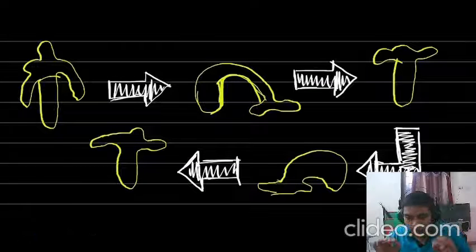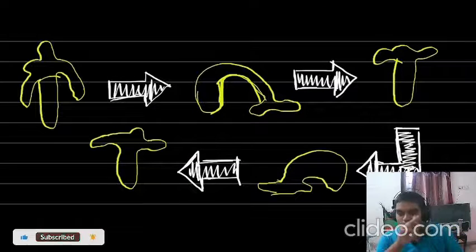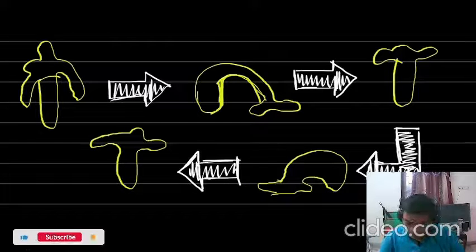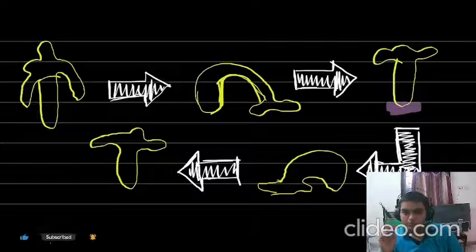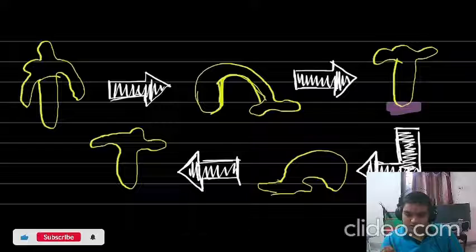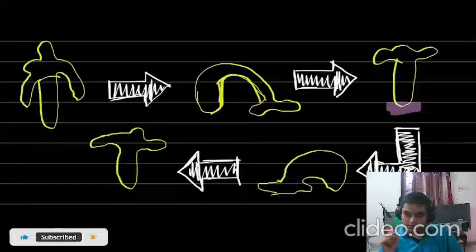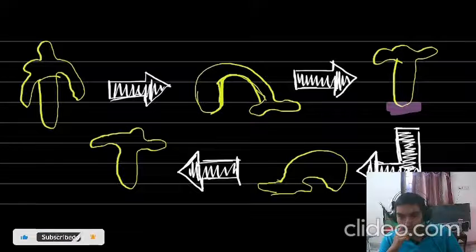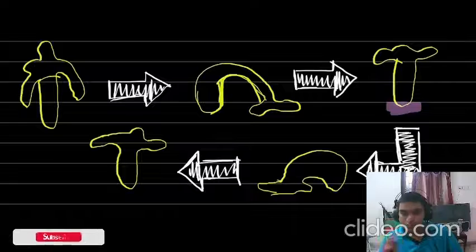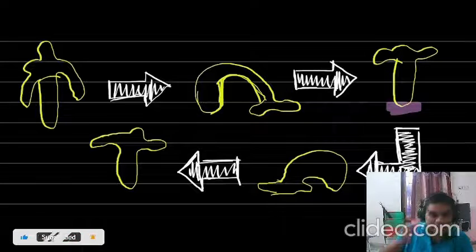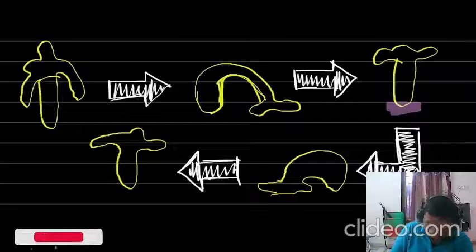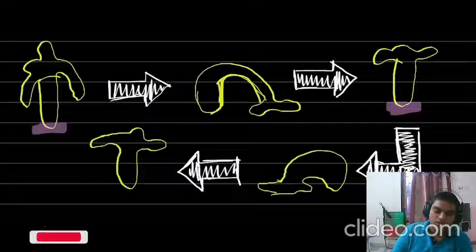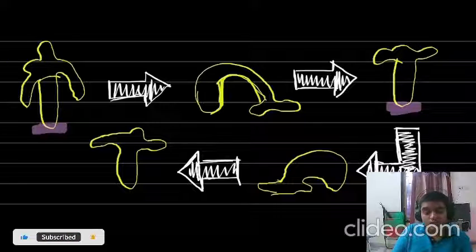So see, the only difference between the somersault movement and this looping movement is only this stage. What happens in looping movement? First of all, the Hydra is attached to the substratum. It bends, similar to the somersault movement.